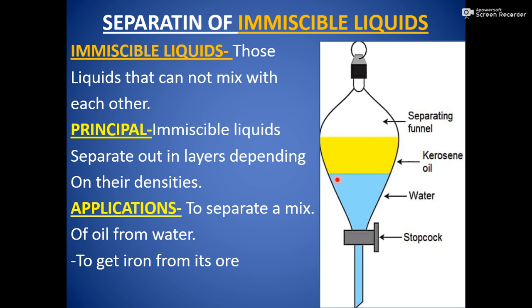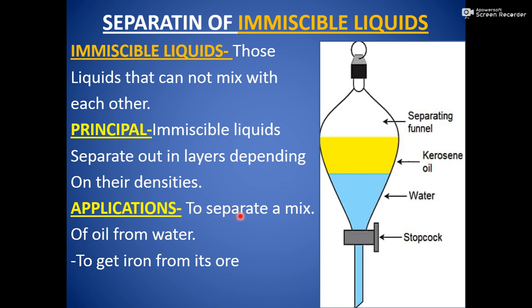Then, when you see a clear-cut boundary between these two, as you can see in the picture, this is the stopcock. Open it, place a beaker under this, and you can get one liquid, and keep a close watch. As soon as this boundary layer touches the stopcock, close it, so that the next liquid can be obtained into another beaker.